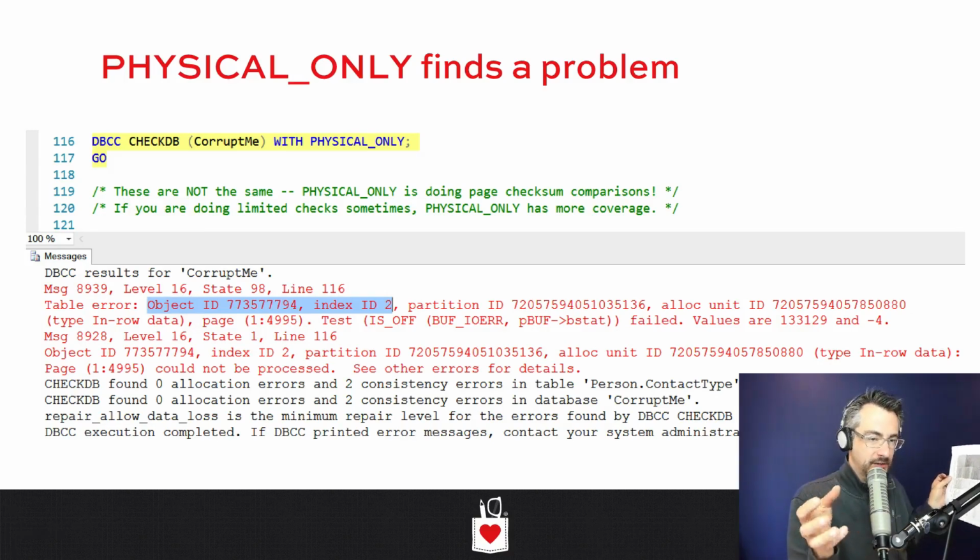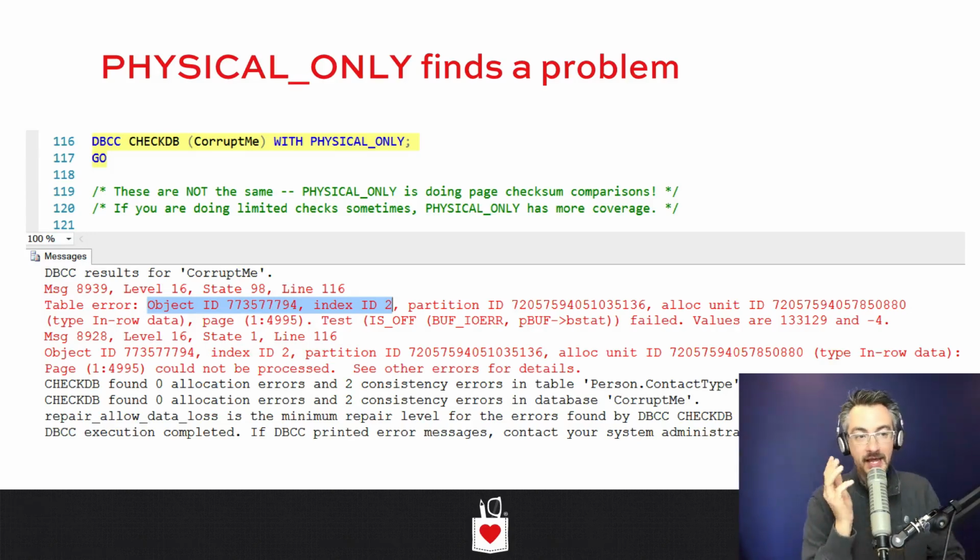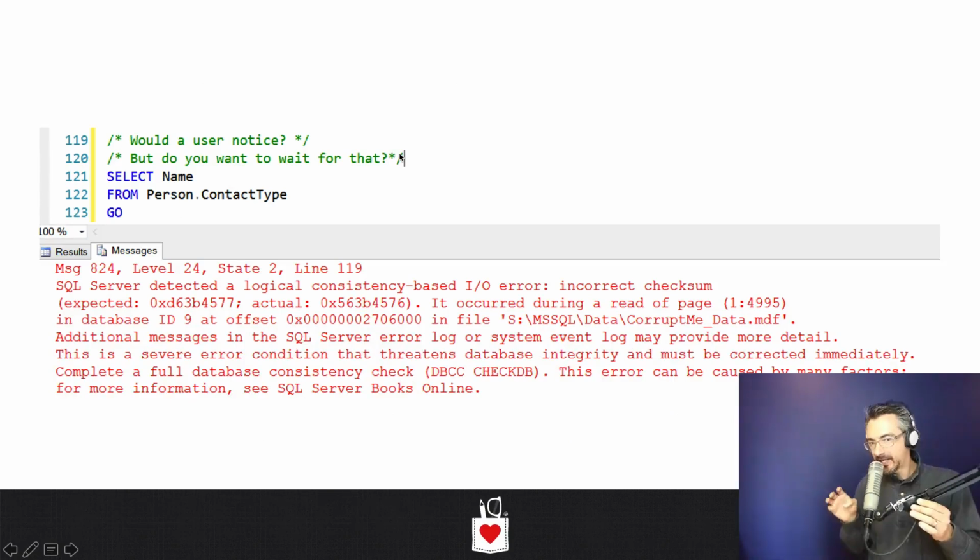It looks at every page and just checks the checksum. It does wonk out: you have a problem, page 4995. This is the one we just corrupted. So physical only catches things that NOINDEX wouldn't.